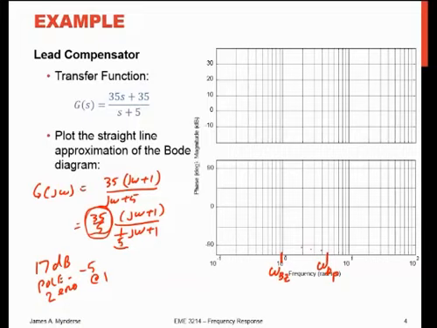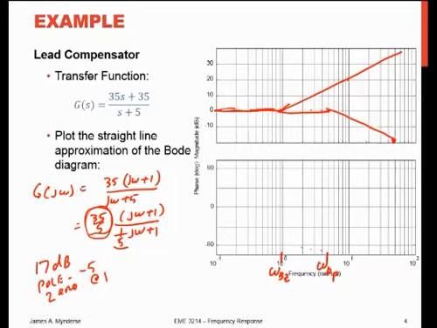I start out at 0 dB, I go to there, and let me get the right point here, my zero goes like that, my pole comes along right on top of it, and that goes all the way to here, right there, and rolls off at 20 dB per decade, so that goes to that point right there.